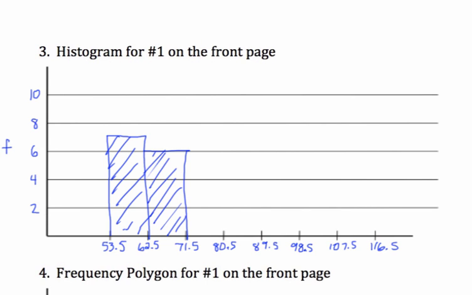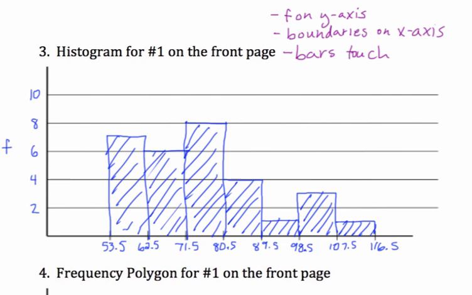And so on. Notice a few things about my graph. The frequencies are on the y-axis. The class boundaries are on the x-axis. A histogram is made of a bar graph where the bars touch or are connected.